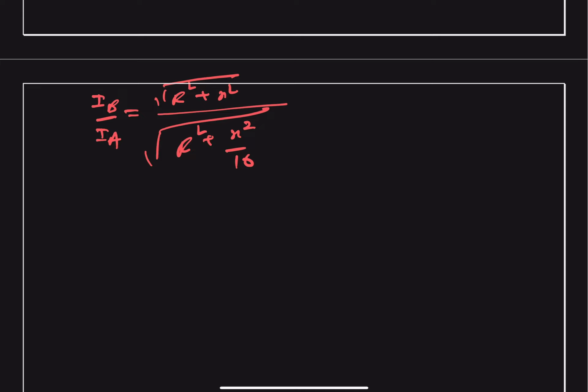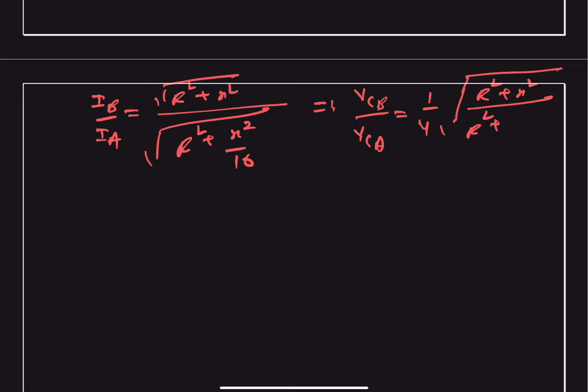From here we can also say that VCB upon VCA will be equal to 1 upon 4, and we can write it as a combined square root: R square plus x square over R square plus x square by 16.